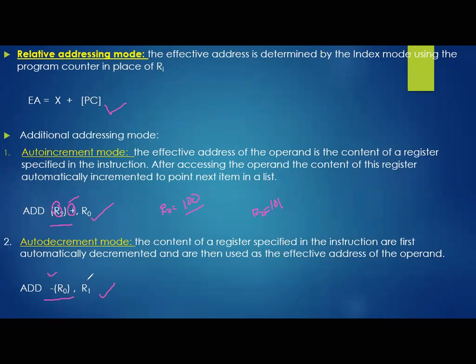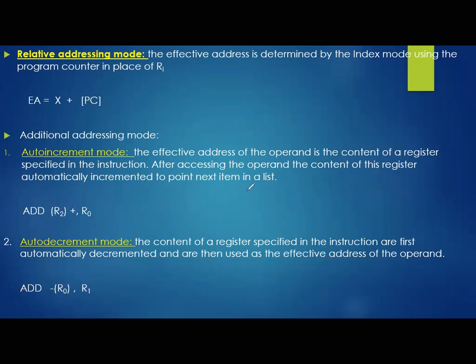So if R0 value was 100, and I execute this, first the R0 value is decremented to 99. 99 is considered as an address because we have indirect. Inside location 99, whatever value we have should be added with the value of R1 according to this.